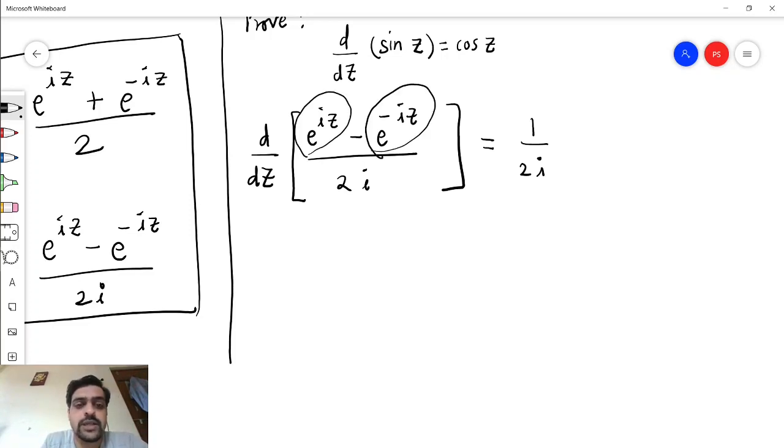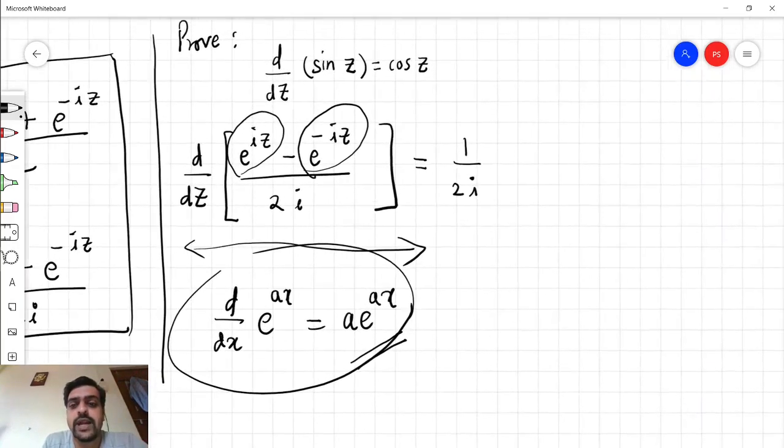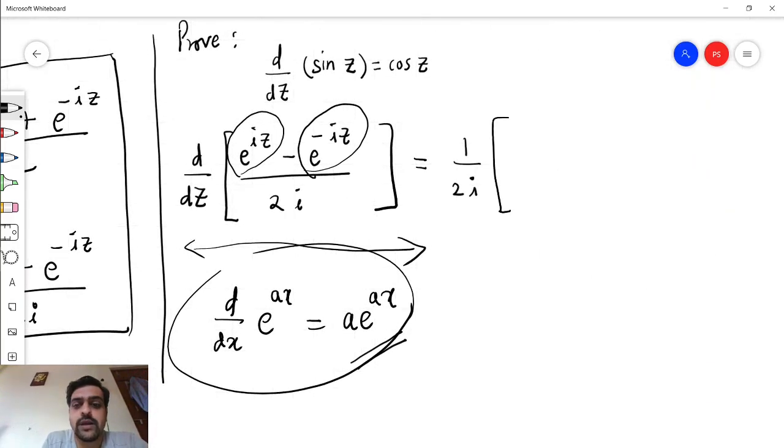We already know that d by dx of e raised to ax is a times e raised to ax. So we will use this formula here and we will write e raised to iz into i minus e raised to minus iz into minus i.